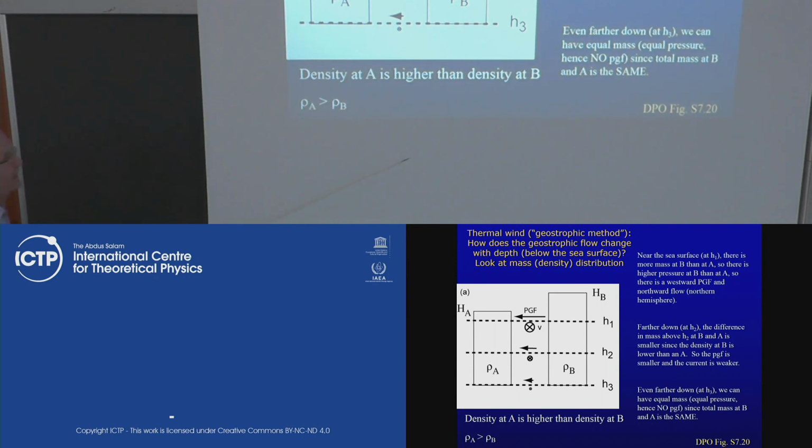If you go further down, we can imagine that there would be a depth at which the density finally plays a major role with respect to the sea level height. So if we have a horizontal gradient of density, this would end up changing the direction of the geostrophic flow, due to the changing orientation of the pressure gradient force.